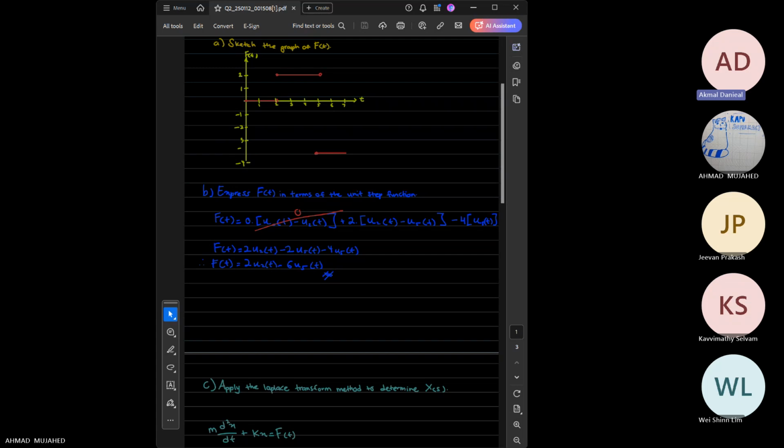When 0 is multiplied, it becomes 0, so we get 2u2(t) minus 2u5(t) minus 4u5(t). So we just solve this and get the final answer.